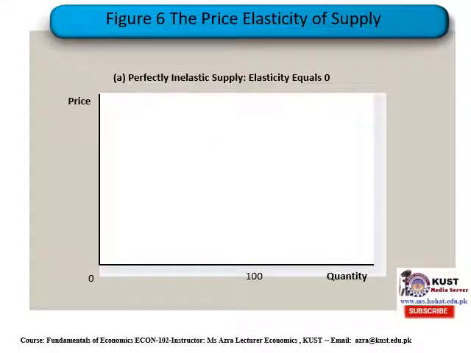Price elasticity of supply can best be explained by diagrammatic presentation. Here is the case of perfectly inelastic supply curve. Due to increase in price level, the producer will not be able to increase the supply because here it is a perfectly inelastic supply curve. There will be no change in the supply of that good.